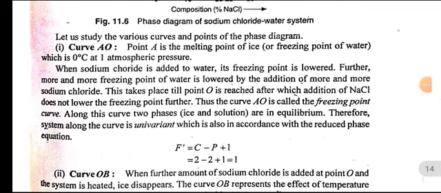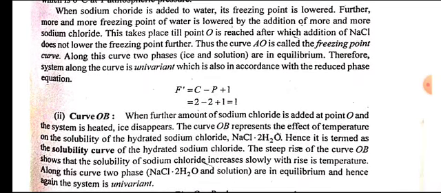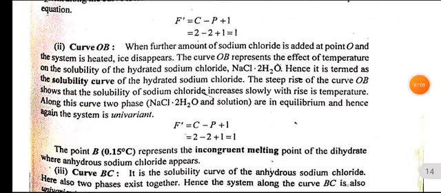What is the meaning of the steep rising of the curve OB? It shows that the solubility of sodium chloride increases slowly with rise in temperature. As shown in the figure, along this curve two phases are in equilibrium. Hence the system is univariant.